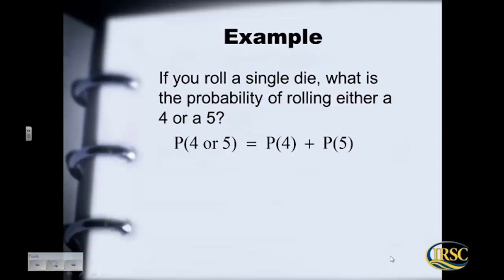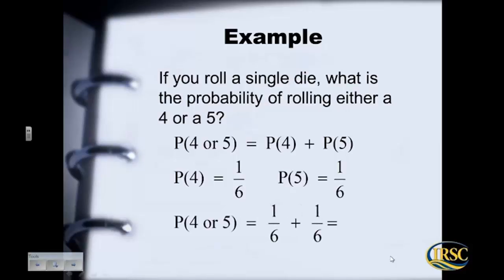What is the probability of rolling a 4? 1/6. And the probability of rolling a 5? Also 1/6. Okay, because there is one of those numbers on the 6-sided die. So then, adding these two numbers together, what do we get? 2/6, but always make sure you've reduced it to 1/3. Good.